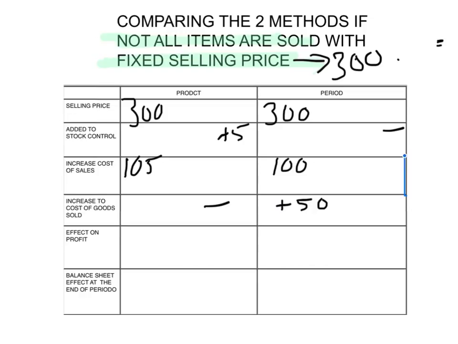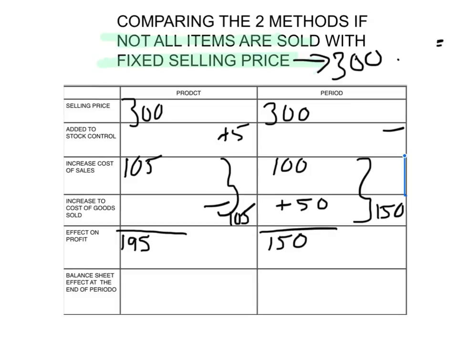So there's a huge difference already in terms of the profit. If you look at the difference in gross profit between the two methods, you'll end up with $195 in this method, and you'll only end up with $150 in this method. The cost of goods sold in this method is $105, and in this method, it's $150. So you can see that there is a huge effect on profit by the choice of method.